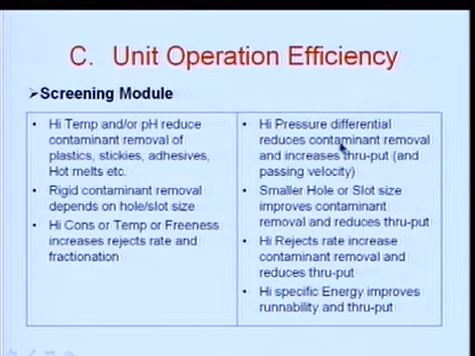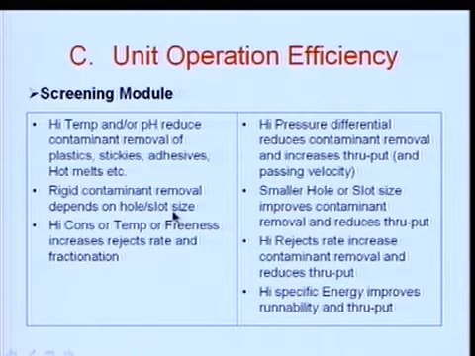Why? High pressure differential increases the throughput. That's a given fact, because screen throughput is dependent on the pressure drop, and if you're trying to increase the throughput, you're also trying to increase the passing velocity, and hence some of these contaminants will go through. So this reduces the contaminant removal.